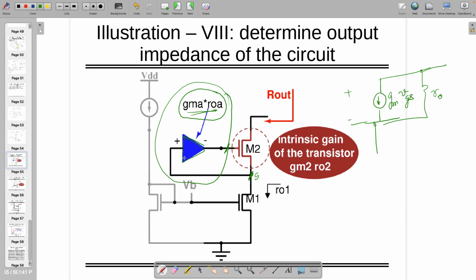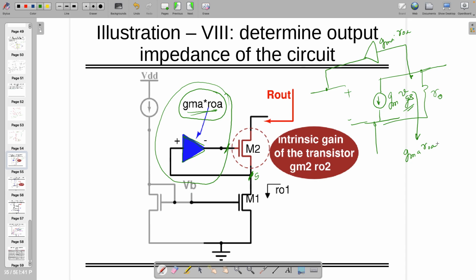So if you are looking into this with the small signal model, where gate is here and this is here, earlier it was just VGS. Now actually this got multiplied with gmA roA, the gate to source voltage.